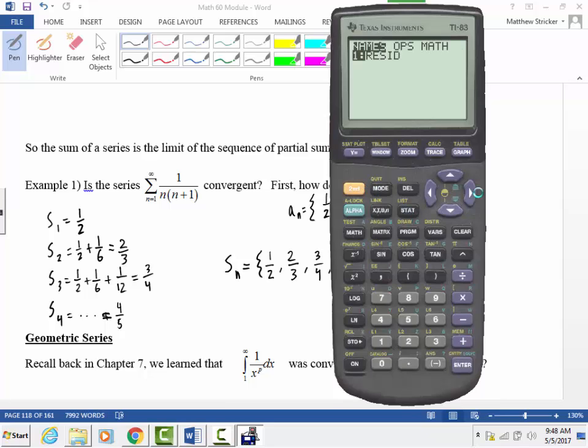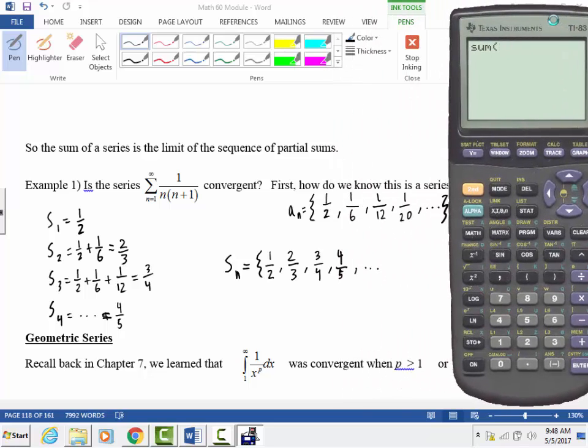If you look under math, the first thing we want to do is choose option 5 because we're adding. So we want to do the sum. We want to add up the terms of a sequence, right? And I just remembered we need to actually do the next step before I can finish this. So pause for a second.